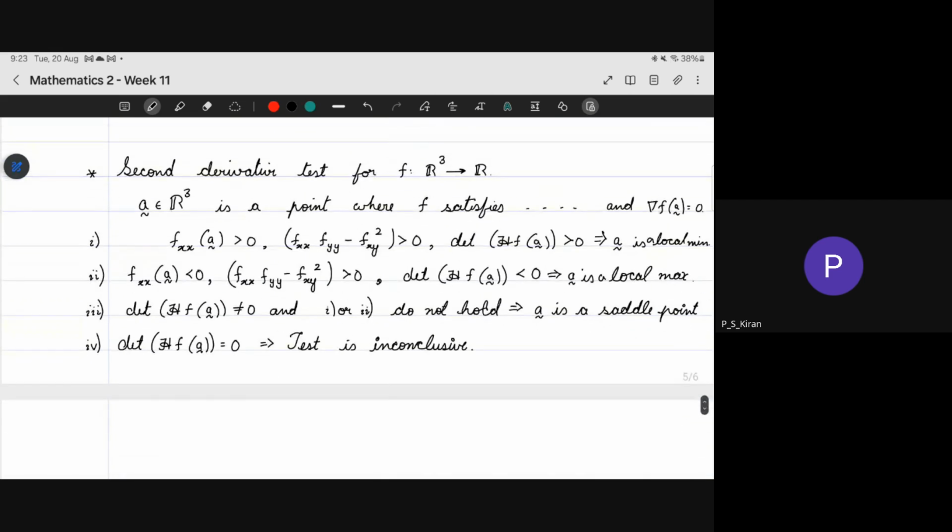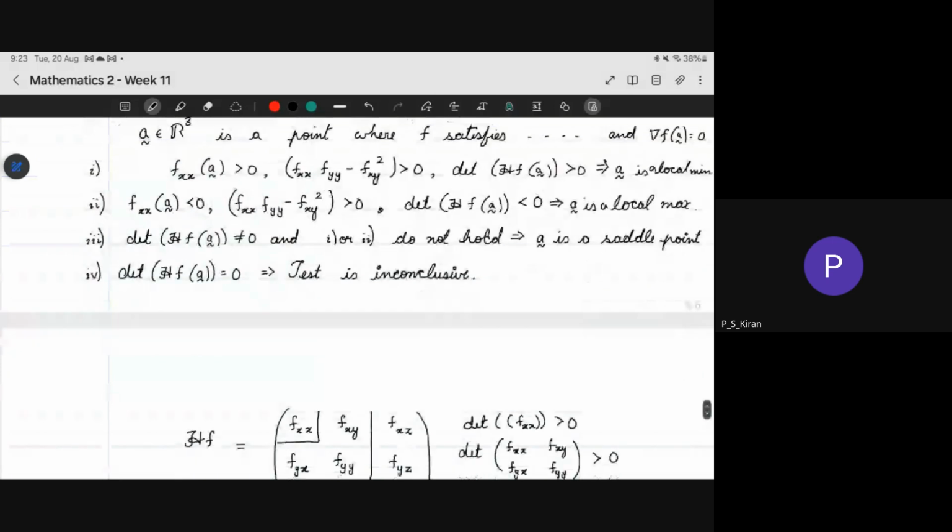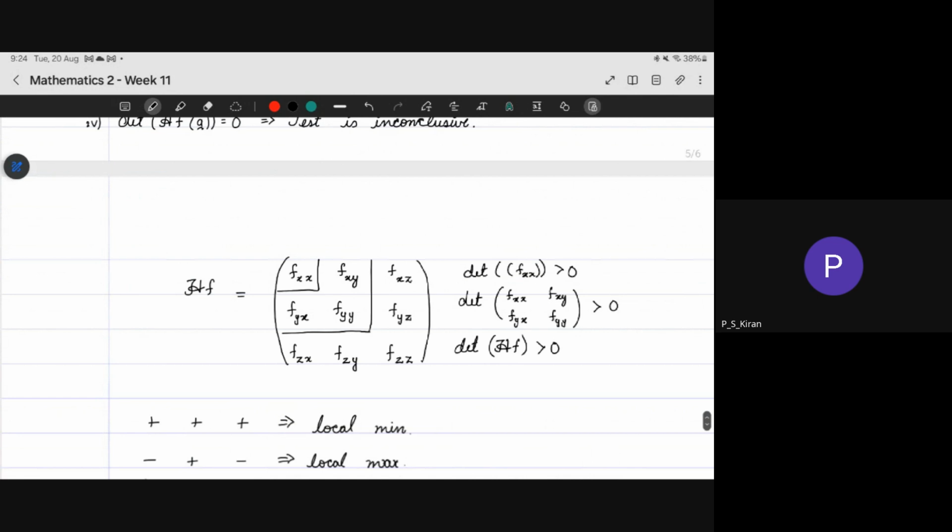But nonetheless, all of this points to the fact that the Hessian does capture some sort of minima and maxima. It points to certain minima and maxima, may not be always. And in fact, you will see many times that determinant of Hessian f being 0 is not a small class of functions, whatever small means.